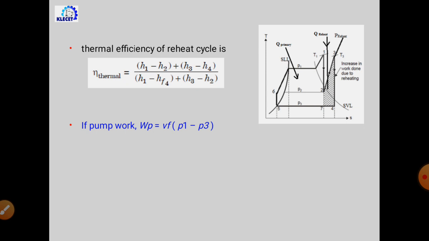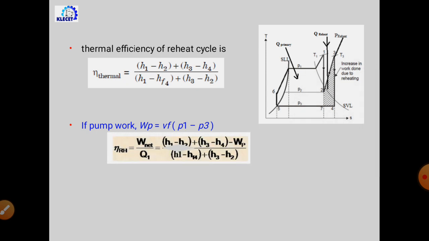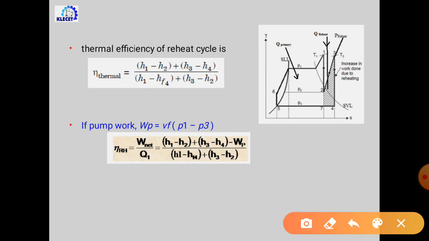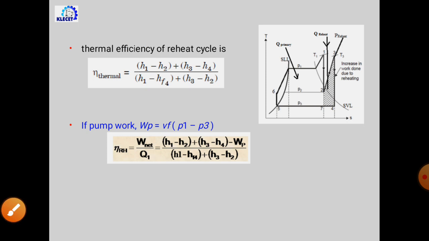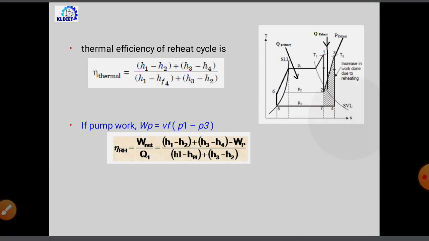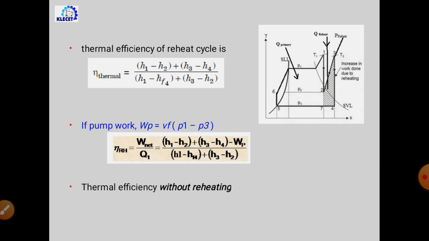Next, if you consider the pump work, the above thermal efficiency formula gets modified in this way. So, nothing special, only subtraction of pump work in the numerator. So after this we have thermal efficiency without reheating.